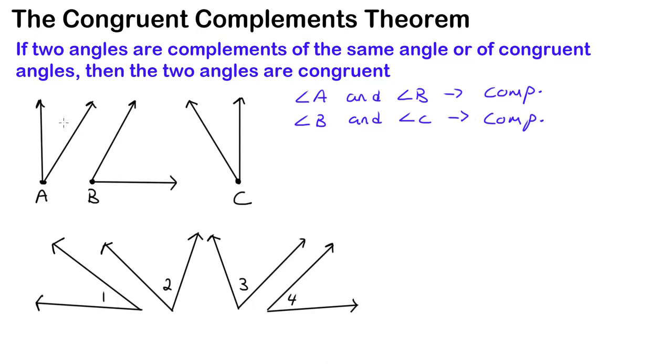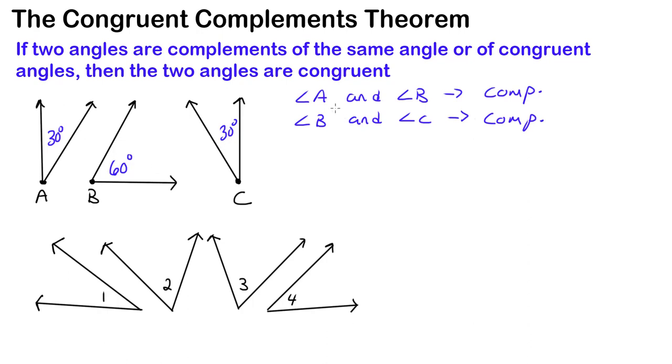Well, let me show you with numbers so you can see what I'm talking about. Let's say angle A measures 30 degrees. So if angle A and angle B are complementary, that would mean angle B would have to measure 60 degrees. So now, if angle B and angle C are also complementary and angle B is 60 degrees, that would mean that angle C also has to measure 30 degrees, because 60 plus 30 is 90.